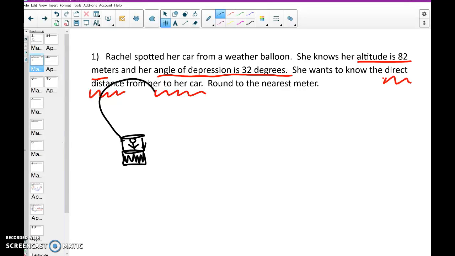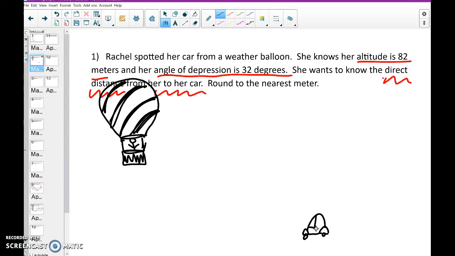Okay, here's the weather balloon. It's basically a hot air balloon. That's what she's in. She's floating in the sky in a hot air balloon. Okay, and we're going to draw her car down here. See, it's not beautiful. It's just a basic looking picture. There's your car.